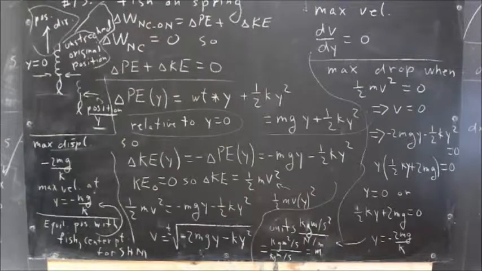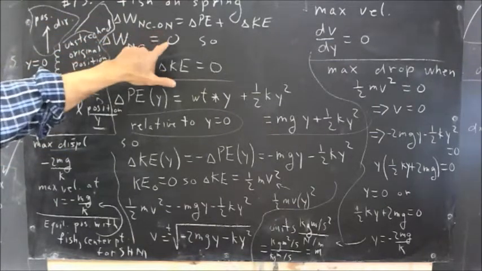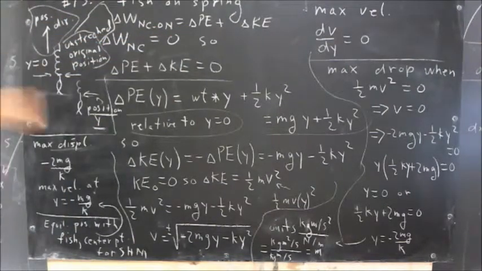So the fish descends, speeding up, then it slows down, then it'll come back and it'll keep oscillating, assuming delta W non-conservative to be 0. It'll keep oscillating forever. Now that's the ideal. It's not going to really happen.